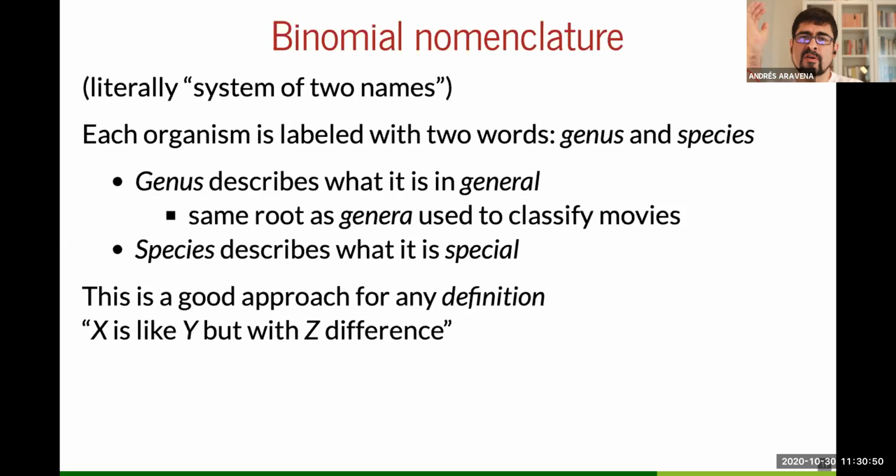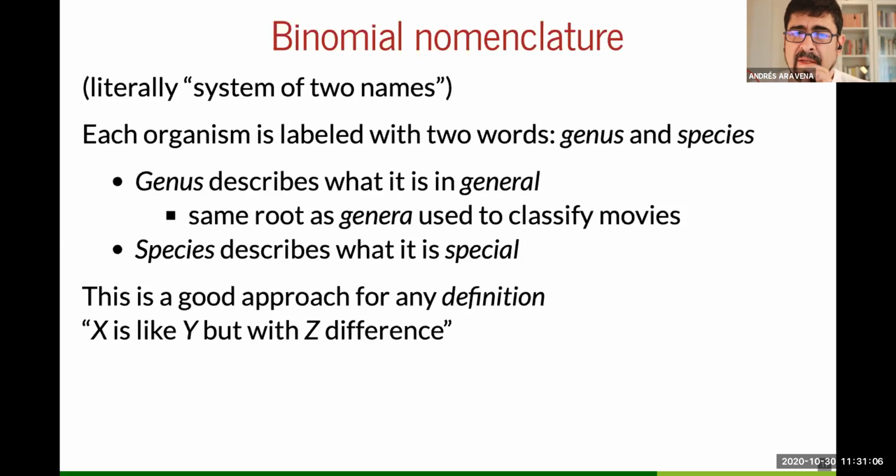How do you explain something new? You start by saying, okay, a kangaroo is like a dog, but it jumps. A koala is like a bear, but it lives in trees or eats bamboo or something like that.